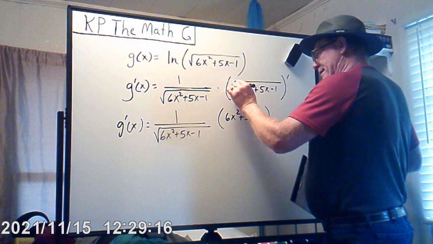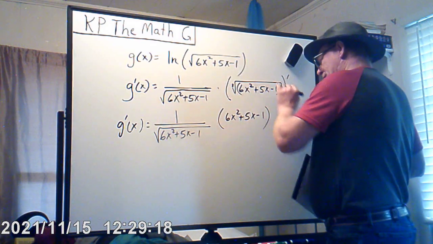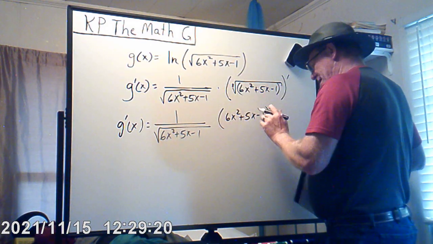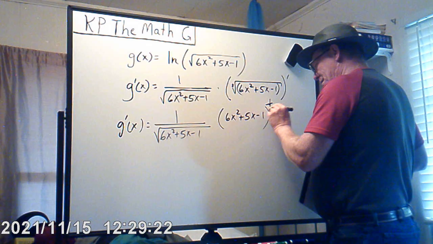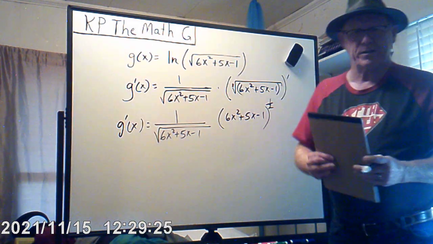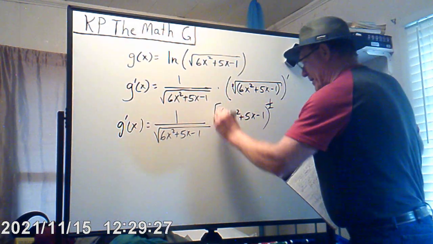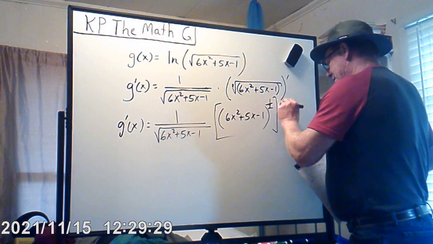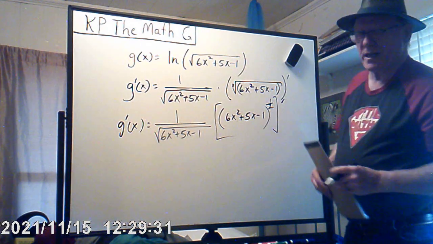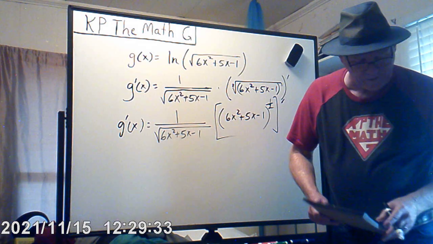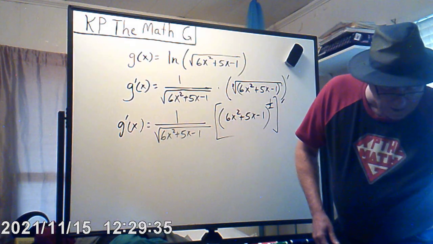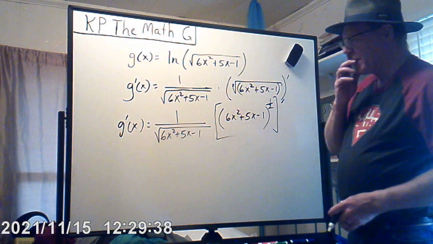Remember, a square root can be written as an exponent of 1/2, the exponent over the index. And remember, we are taking the derivative of that. We have not done it yet. We're going to take the derivative of that now.